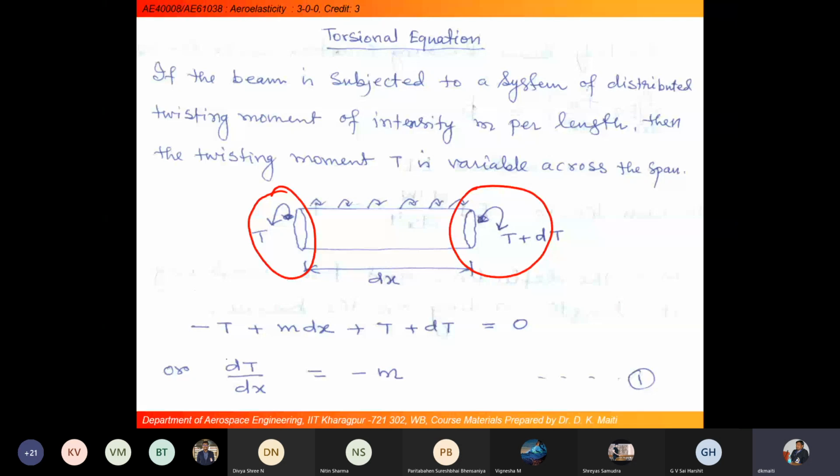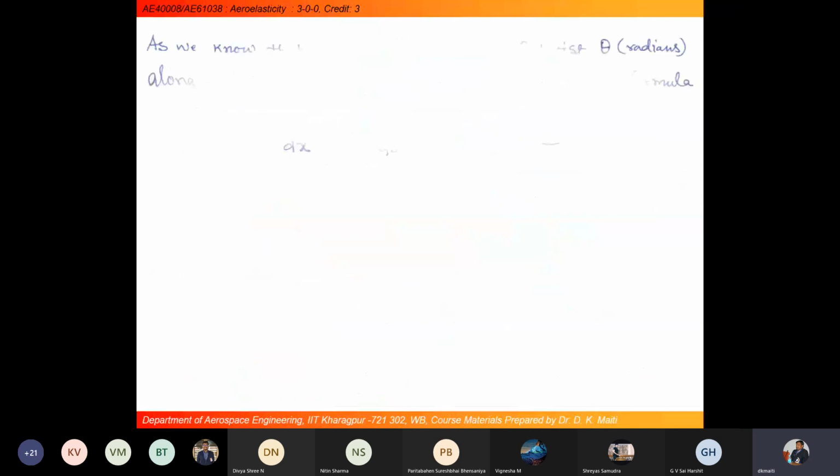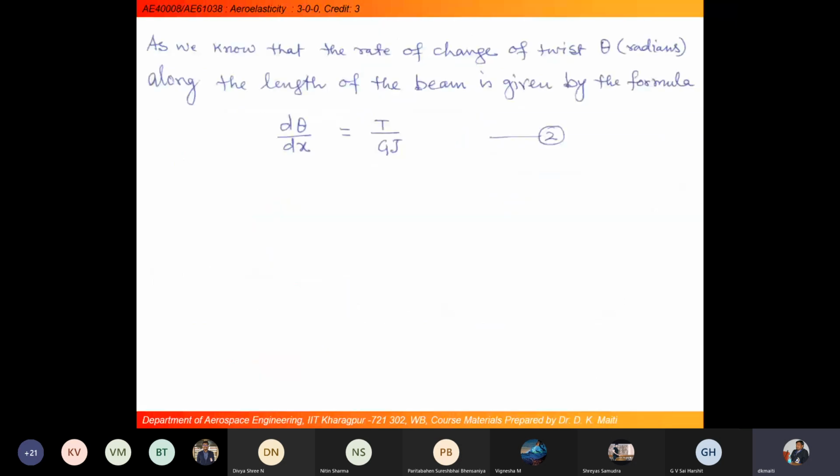And then substituting the value, we can calculate d theta by dx. In the torsional derivation we derived that d theta by dx is equal to T by GJ, that is, slope per unit length is equal to T by GJ.